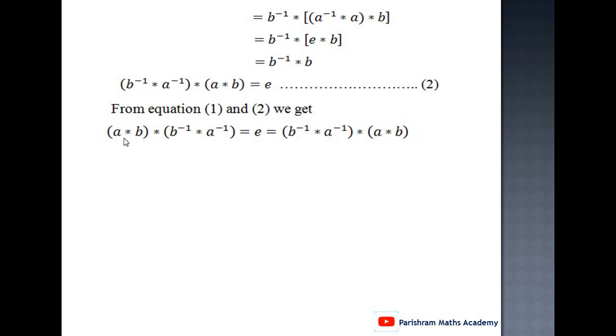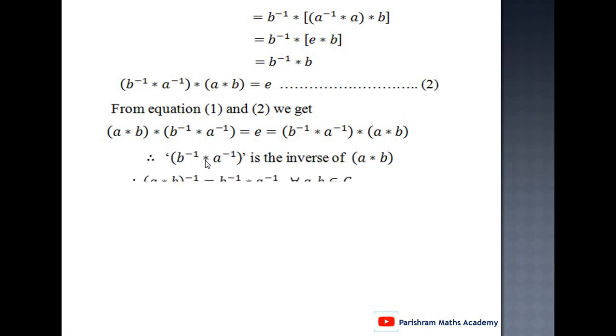It means here (A star B) star B inverse star A inverse equals the identity element, which means the second element is the inverse of the first element. That is, B inverse star A inverse is the inverse of A star B. So (A star B) inverse is the same as B inverse star A inverse for all A, B belongs to G. This law is called the reverse law.